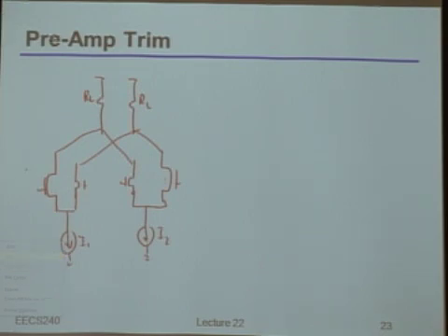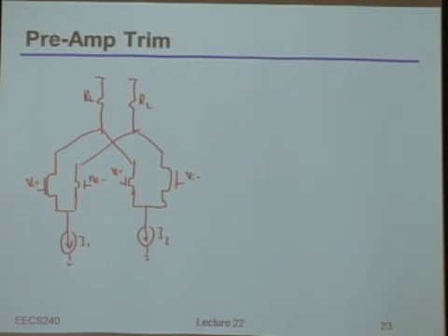And just to be 100% clear, this is going to be VI plus, this is going to be VI plus, this is going to be VI minus, and this is going to be VI minus. Okay? So, if I make the bias current in these two diff pairs the same, then on the net, the whole thing is symmetric, right? Because I have a big device and a small device for VI plus, and for VI minus, I also have a big device and a small device.